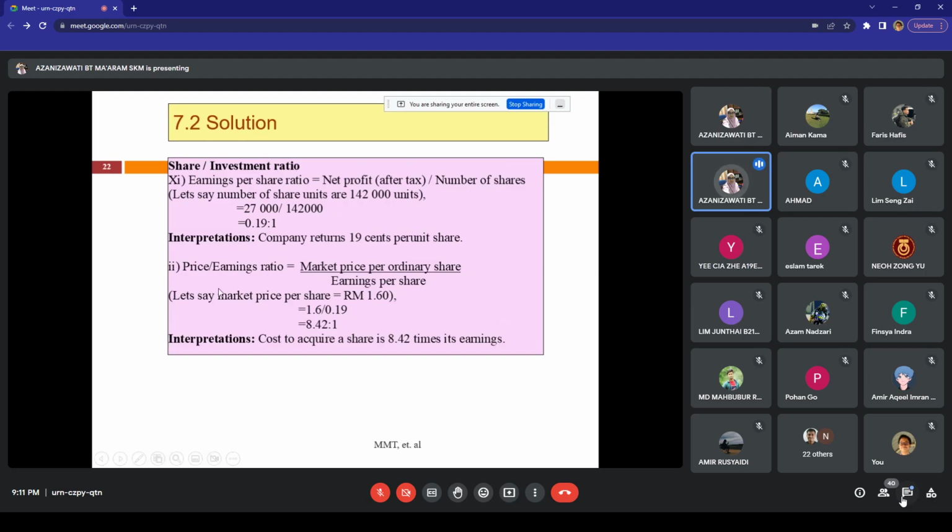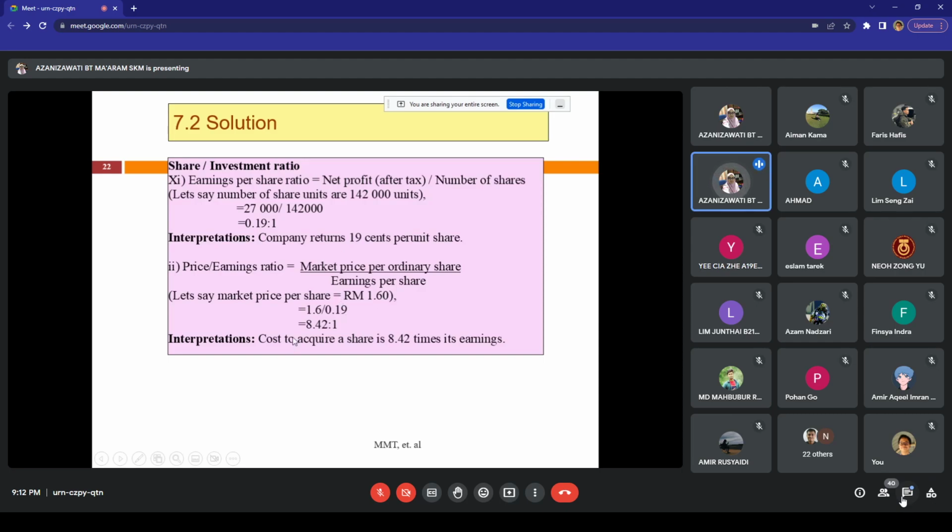For example, price earning ratio. Price earning ratio is the market price per ordinary share divided by earnings per share. Let's say the market price per share, which you get from the internet, the PER, is RM1.60.